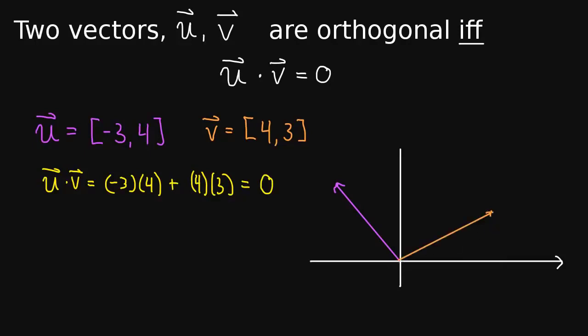And even though this is just a rough sketch, it seems pretty reasonable that these two vectors are orthogonal. That looks to be about 90 degrees in there. And we know for certain, because this dot product is 0, that they are orthogonal. And the sketch kind of confirms in our mind, if we had any doubt, that they are indeed orthogonal. Okay, so this is the definition of orthogonal. I'll see you in the next video.